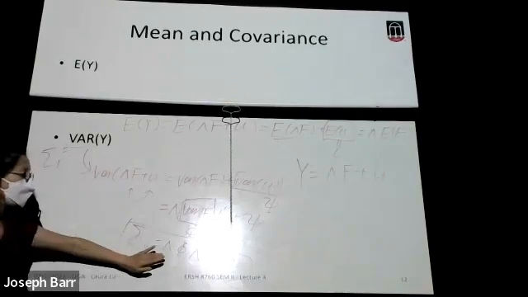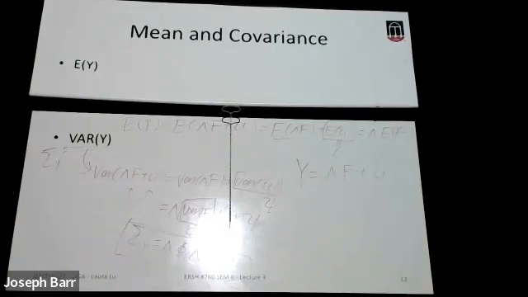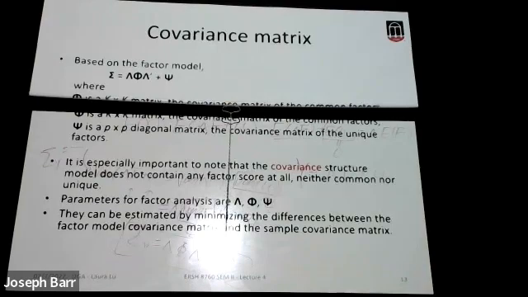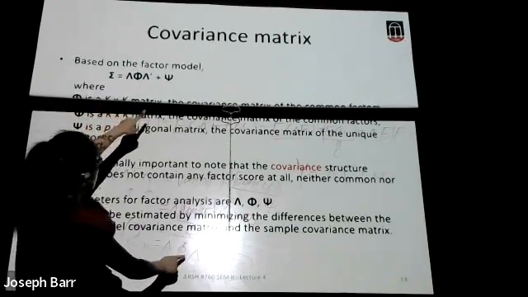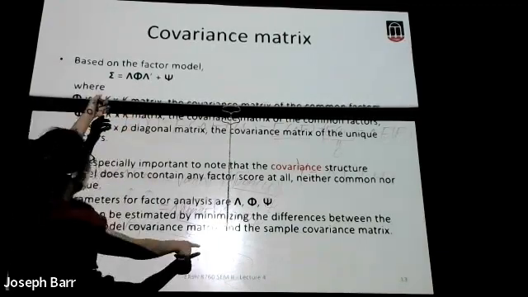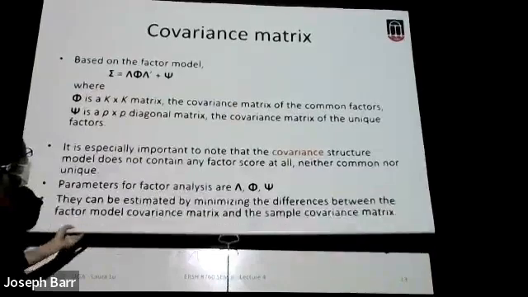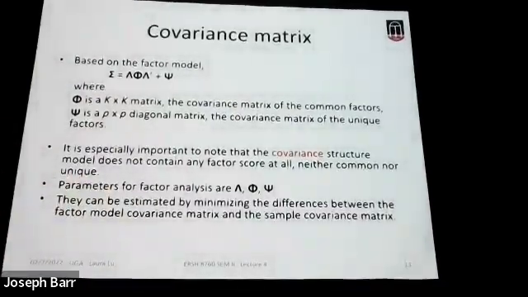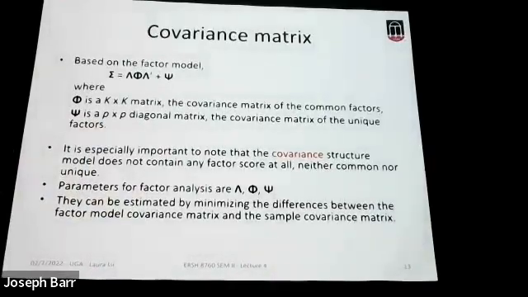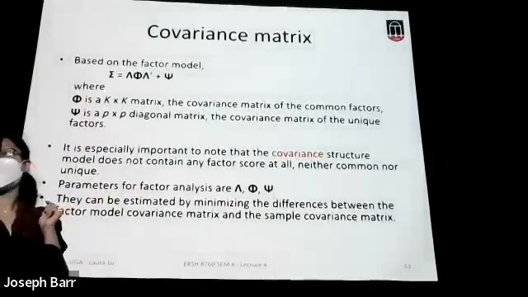That's it. This is our focus. Sigma equals lambda times phi times transpose of lambda plus psi. Finally, for that specific factor model, we derive the covariance matrix.